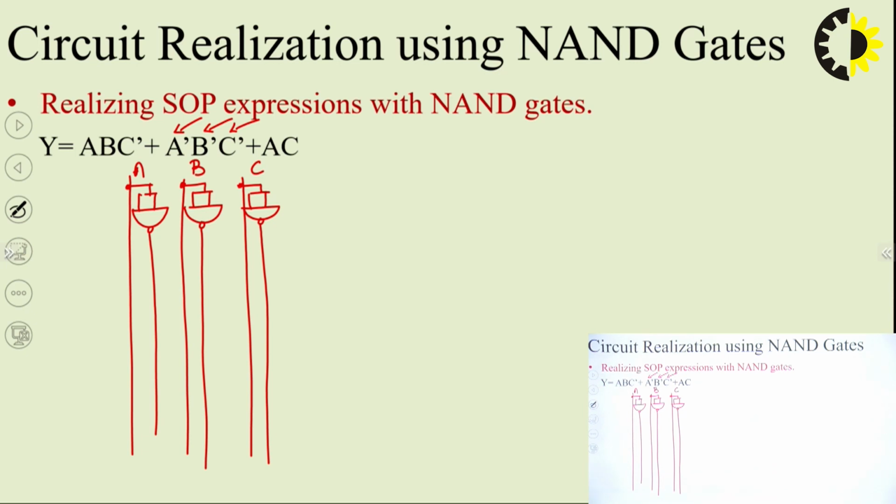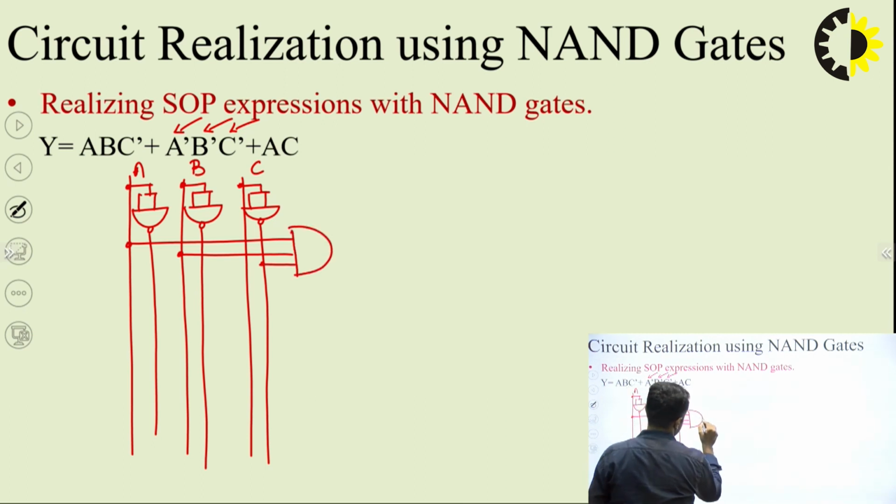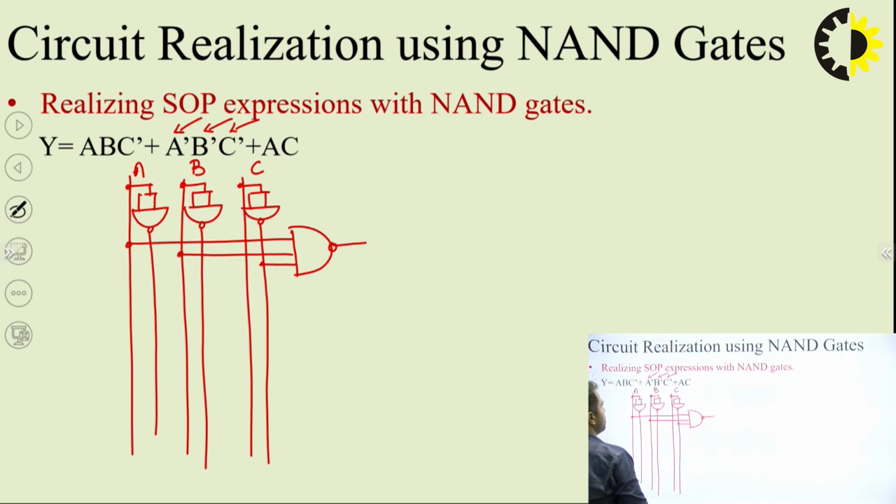Now we can start preparing the products. The first product is A, B, C complement. So this is A, this is B and C complement. And instead of using an AND gate, I am using a NAND gate. Similarly for the second product, A bar, B bar, C bar.